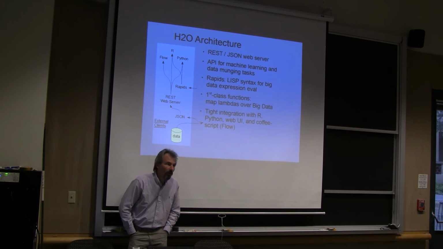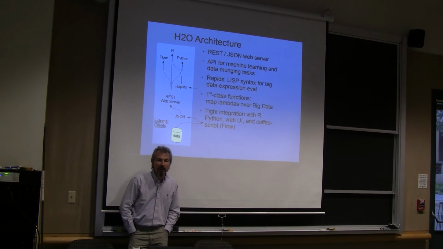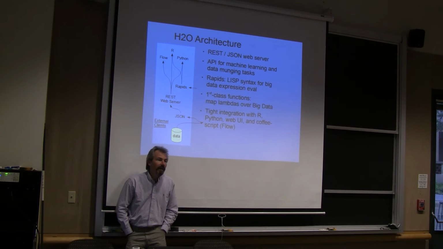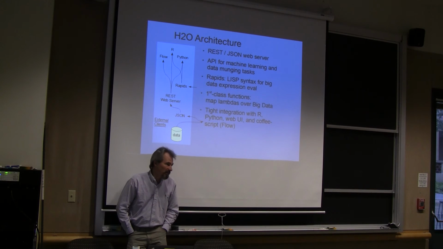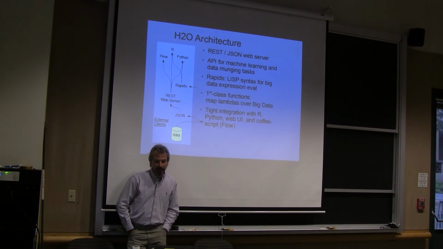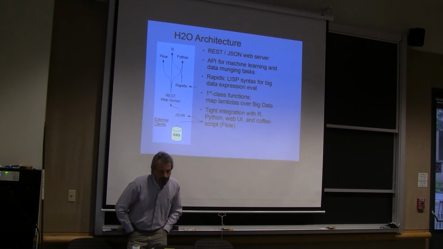And we use that to do all the big data math munging you saw I was doing in Python last go around, where I said, hey, take this column and divide it by seconds in a day and take a floor. Okay, that was a Lisp expression compiled to and executed on the cluster that way. First class functions are supported, so you can write a lambda that gets passed over the big data. Again, probably nothing anyone needs to do in this class, but it's out there if you want it.